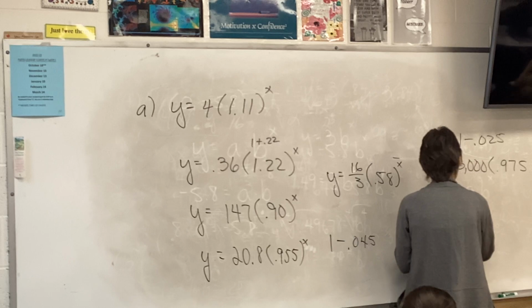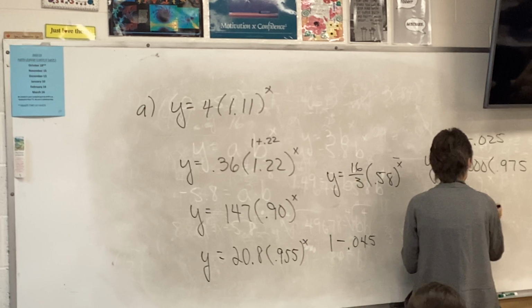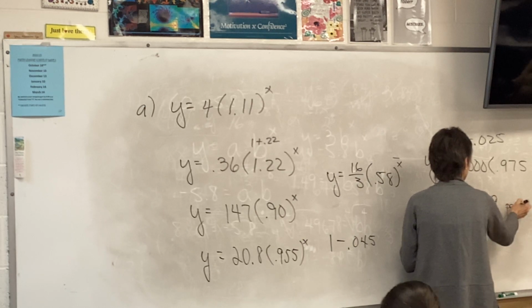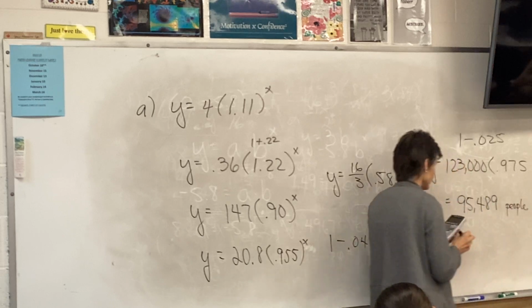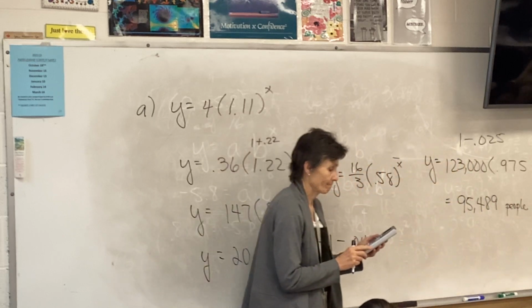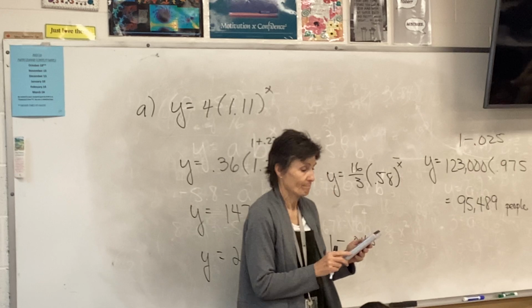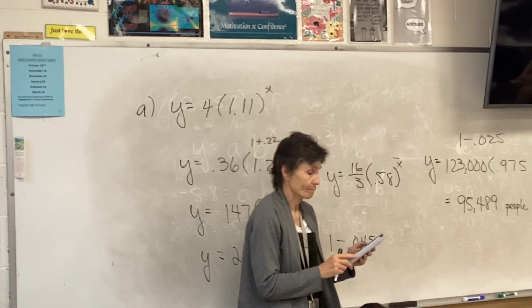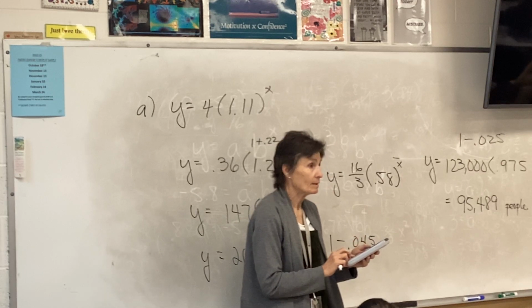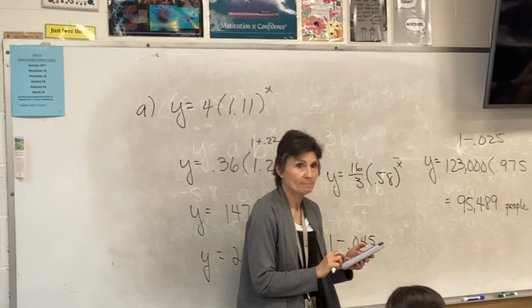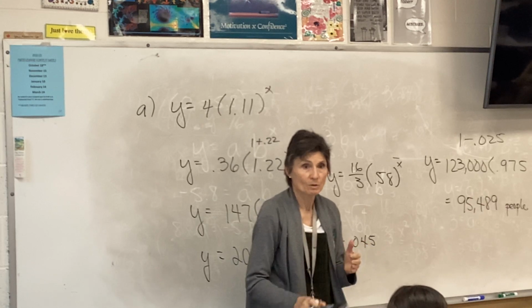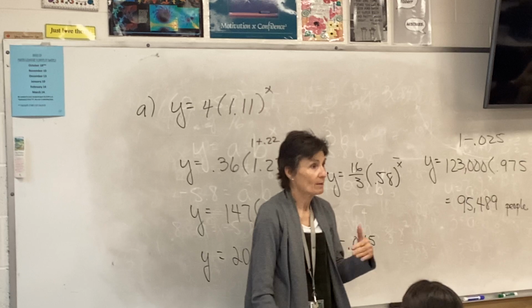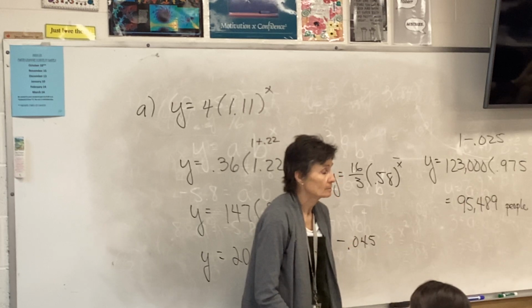I got 95,489 people. Keep in mind, this is a people problem, so we don't want any decimals. So I rounded to the nearest person.